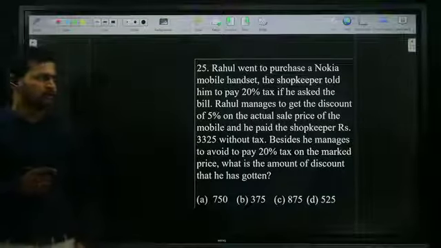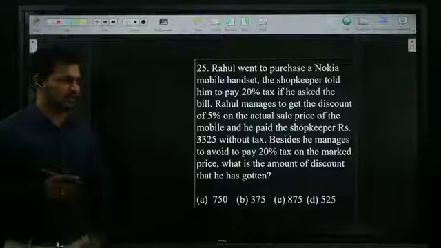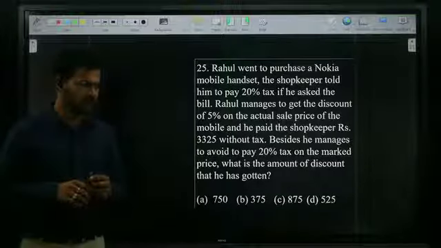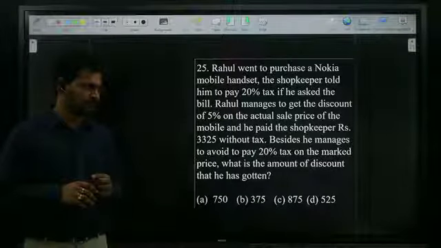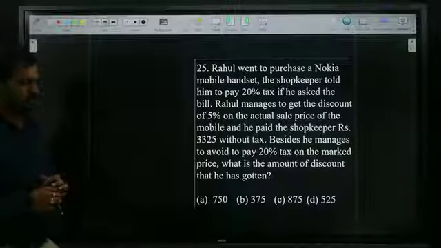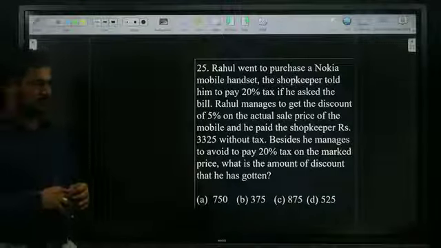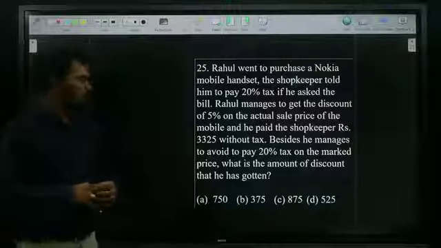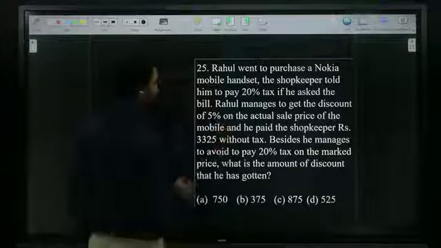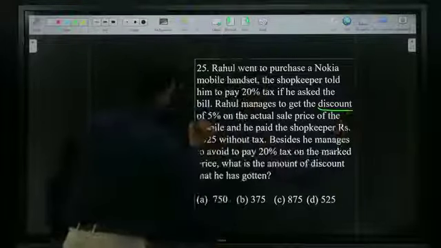Read the question first. Here, Rahul is expecting a 5% discount.